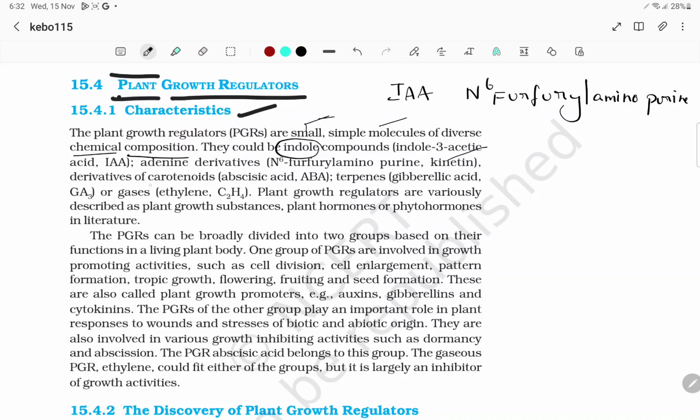Kinetin. Derivatives of carotenoids are abscisic acid, ABA. Terpenes, gibberellic acid, GA3. And gas, ethylene gas.